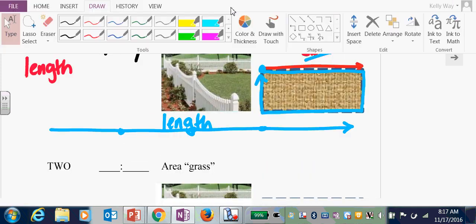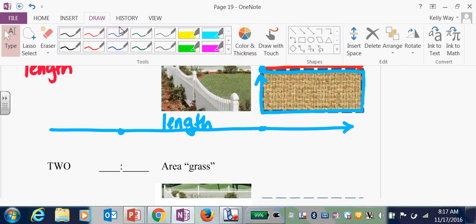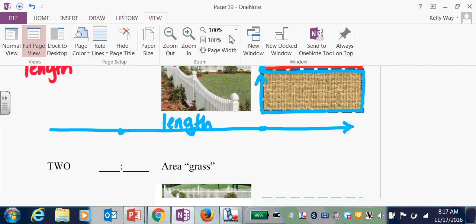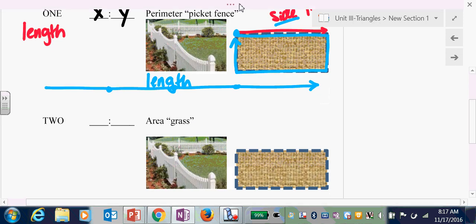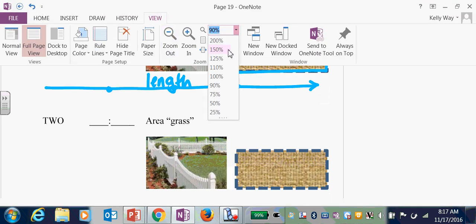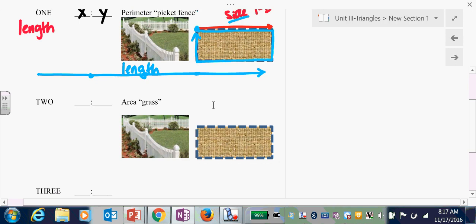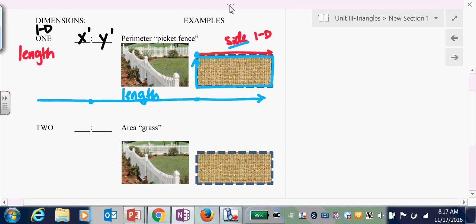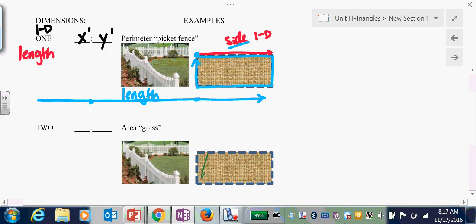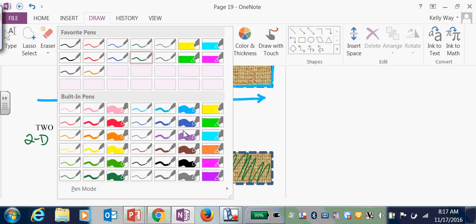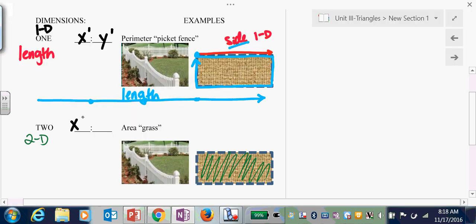Versus area is 2 dimensions. Let's shade that. Area is a 2-dimensional concept. Whatever you start in that first dimension ratio, your area goes to the second dimension.